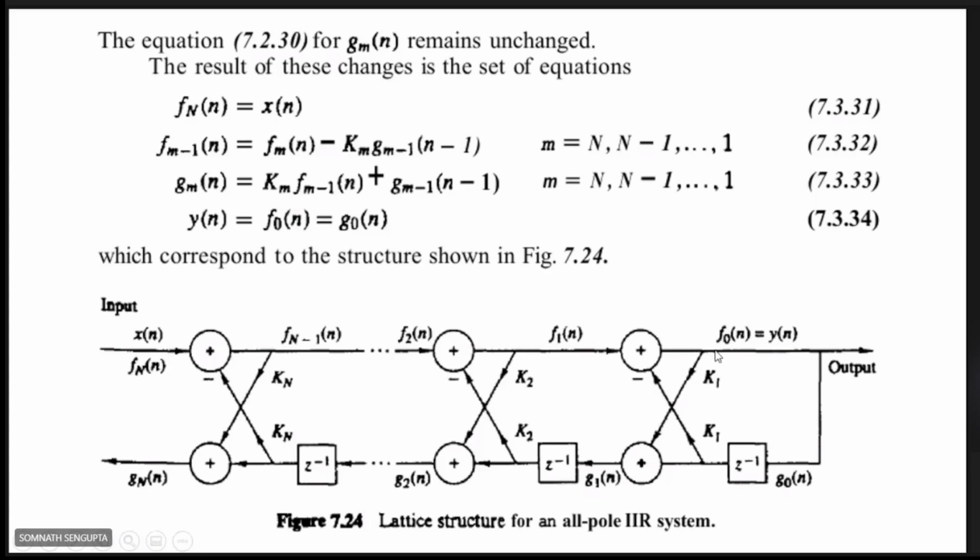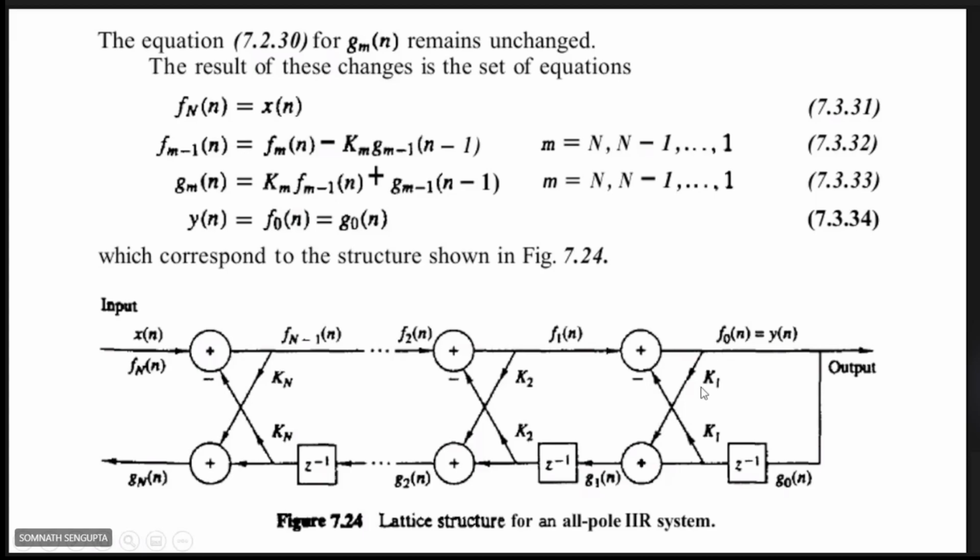Whereas in the FIR system the arrow comes from input to output, this arrow goes from output to input. Okay, and here a negative sign is there.